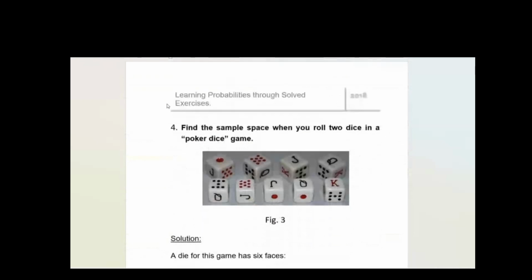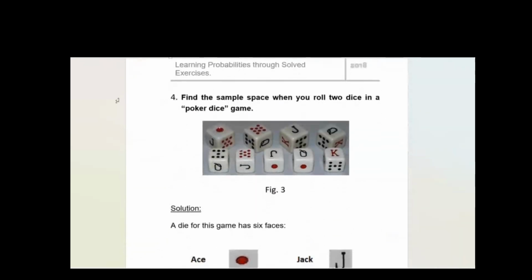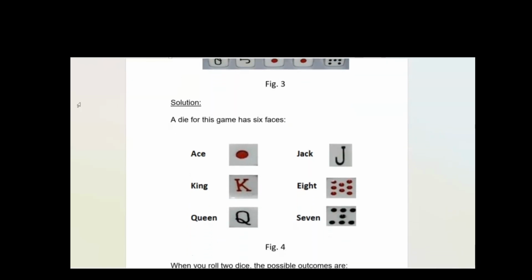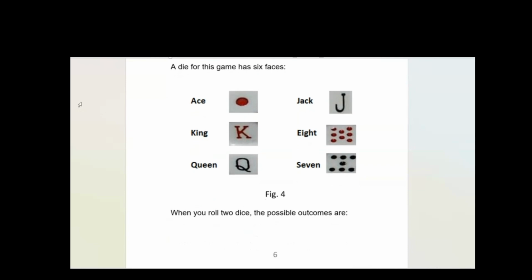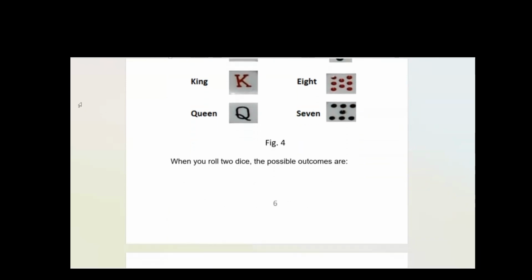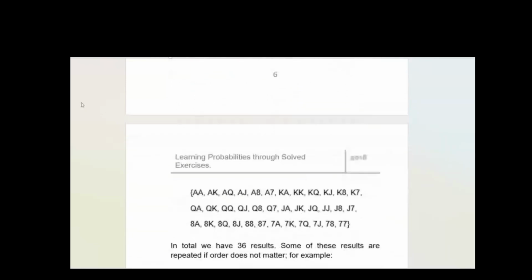You can also find the sample space when you roll 2 dice in a poker dice game. A die for this game has 6 faces: the ace, the king, the queen, the jack, the 7, and the 8. When you roll 2 dice, the possible outcomes are these 36 results.